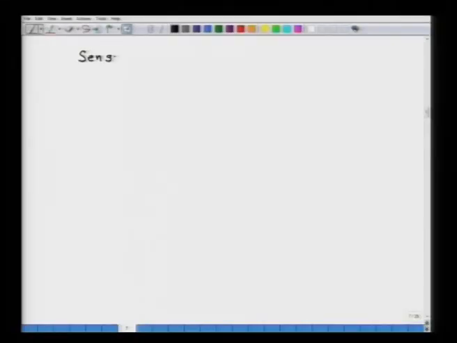Sensible heat in producer gas is equal to 4538 Y kilocalorie. Sensible heat in air is 0 because air is supplied at 298 Kelvin. So, I am not writing.